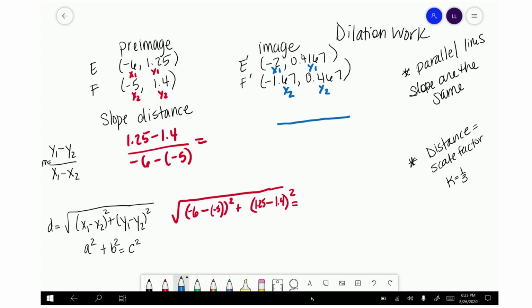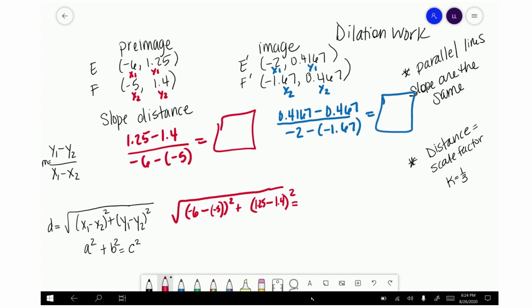So y1 is 0.4167 minus 0.0467, over negative 2 minus a negative 1.67. Find the slope. You're going to compare this number to this number to see if it's the same. If it's the same, then the lines are parallel.